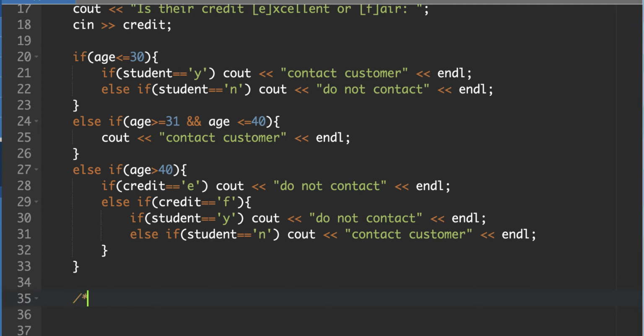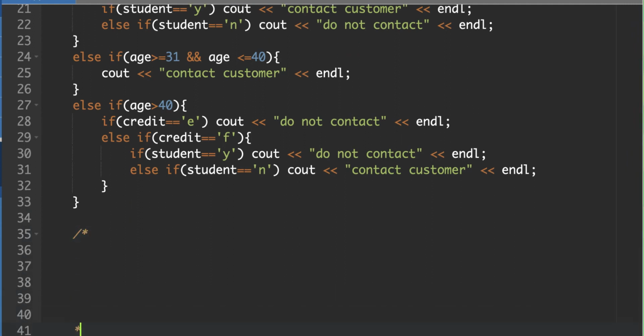But if I'm representing this as a tree, this is how it would look. So I'm going to move way over here. Our first category here that we're going on is based on the age of the person.